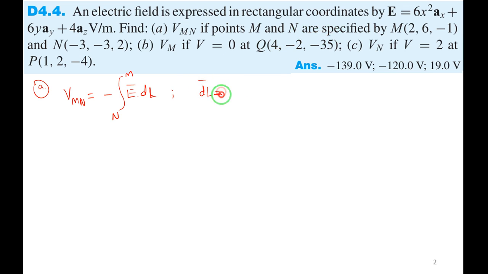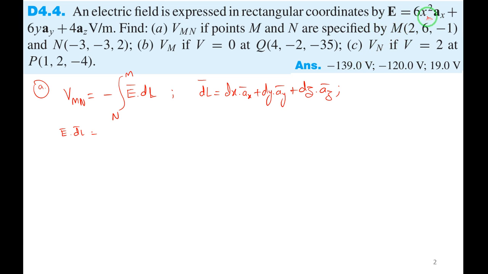what is dl? You know it, dl in the rectangular coordinate system is dx into ax plus dy into ay plus dz into az. So first find the dot product E dot dl, right? So first multiply the corresponding x components, y components and z components.